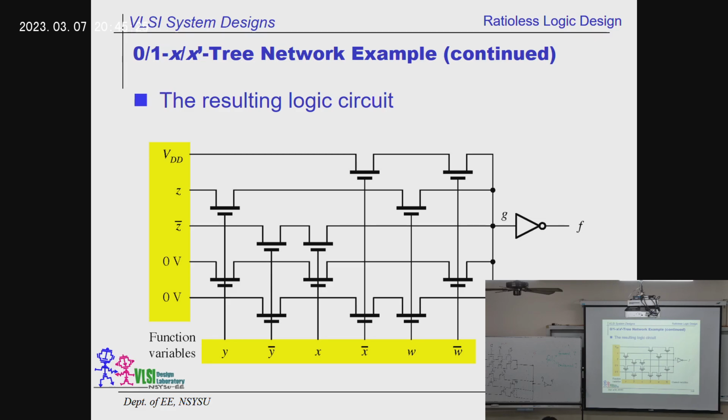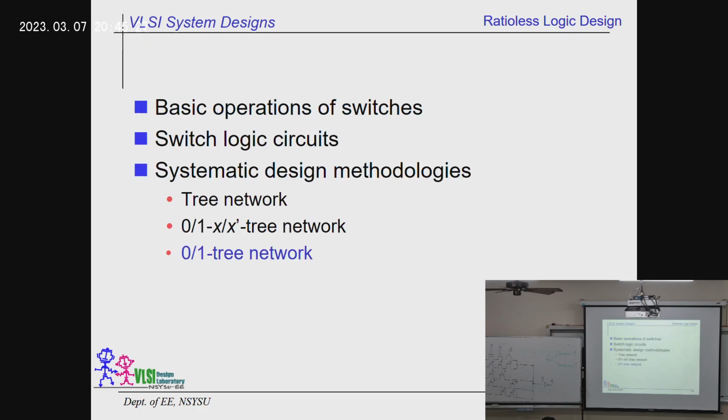Okay, so let's go to the last one in this talk. It's a 0-1 tree network. See, in all the tree networks we described, we have 4 variables: 1, 2, 3, 4, right? 0, 1, x bar, or 0, 1, z bar.